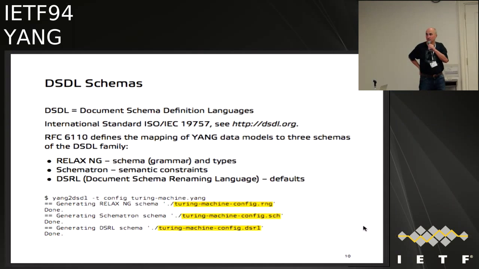But it's an international standard, and it's a coordinated set of schemas that essentially replace the W3C schema language and add some more possibilities for validating semantic rules and so on.